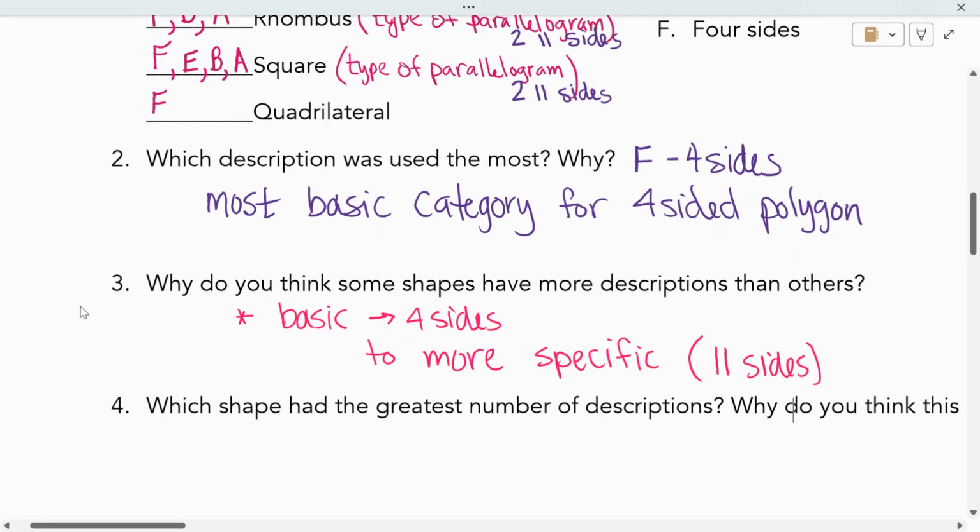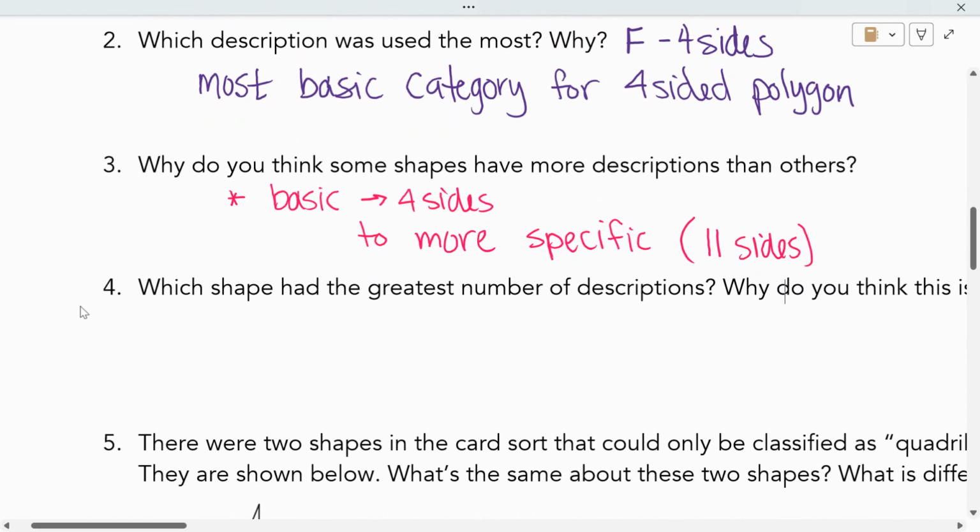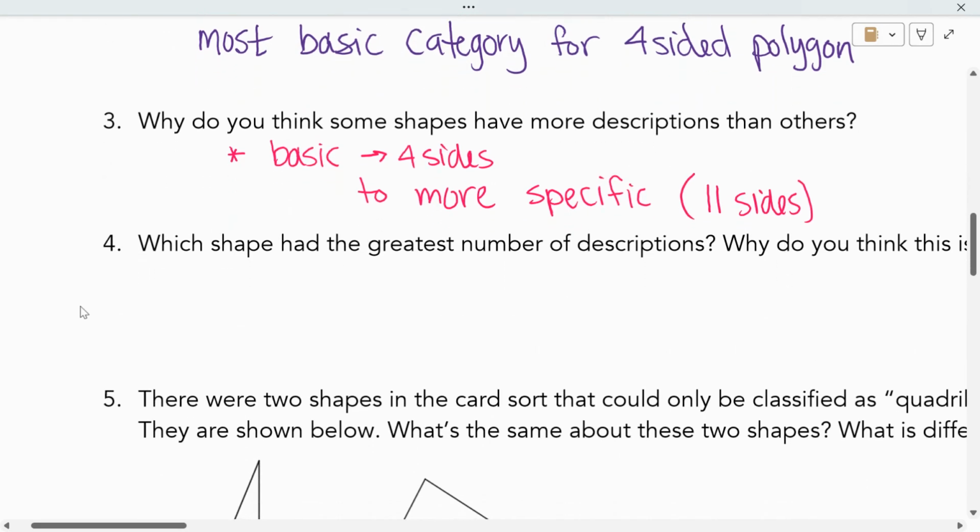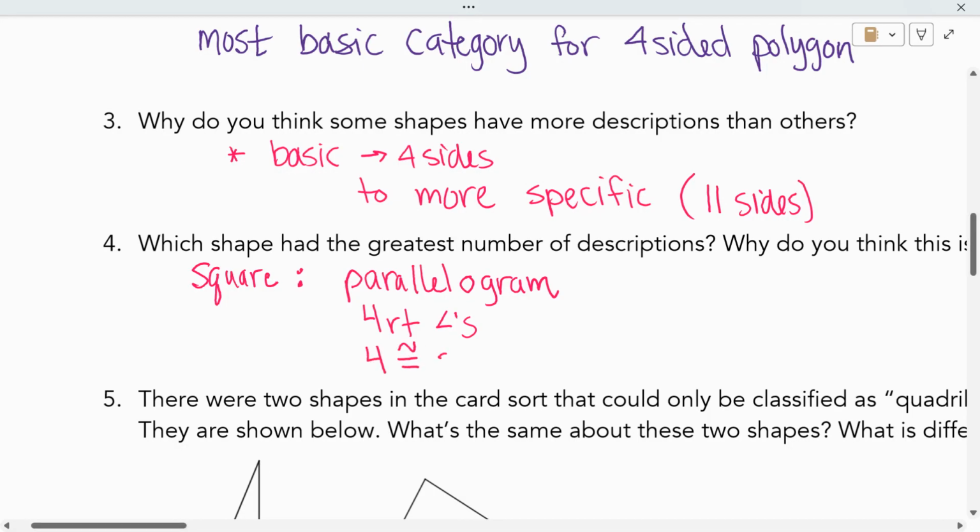What shape had the greatest number of descriptions? A square. Why? Okay, so let's see. What are all the things that a square is? So it's a parallelogram. It has 4 right angles. It has 4 congruent sides. So it's probably the most specific.